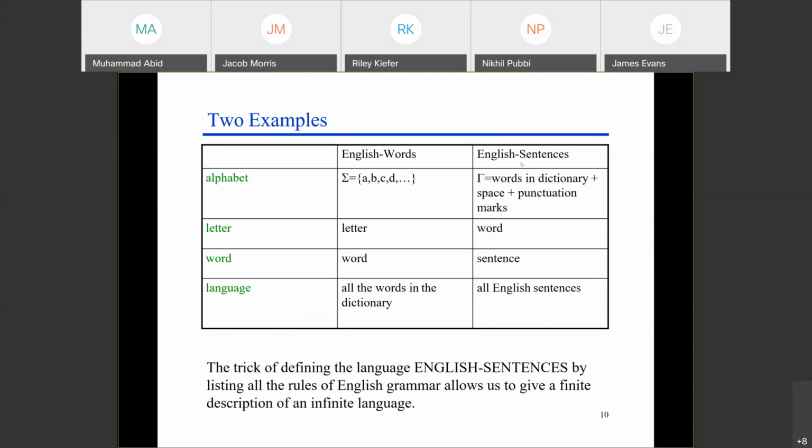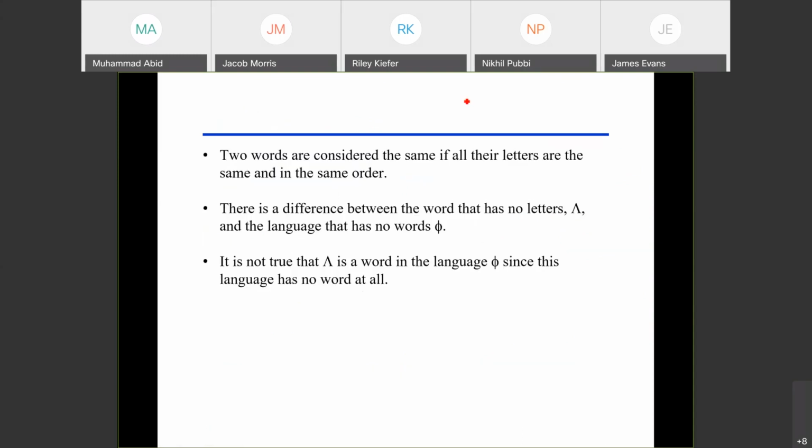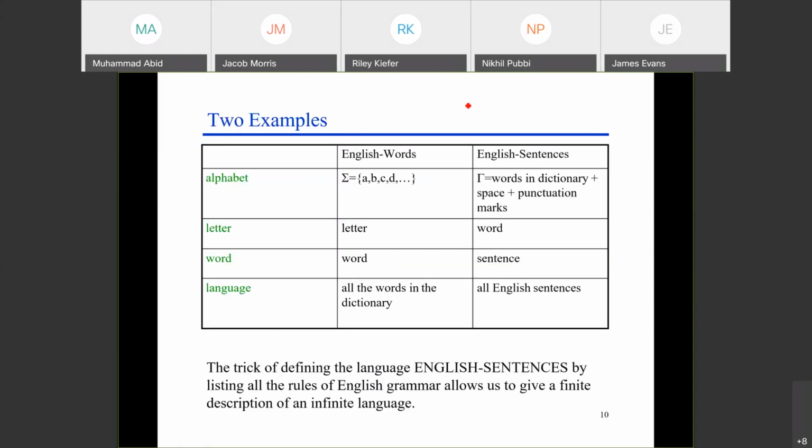Now if you make sentences, let's say, then your alphabet will be the words in the dictionary, and each word is your letter. So now we want to make sentences. In this case, my summation is equal to words, all words, or a few words, let's say.